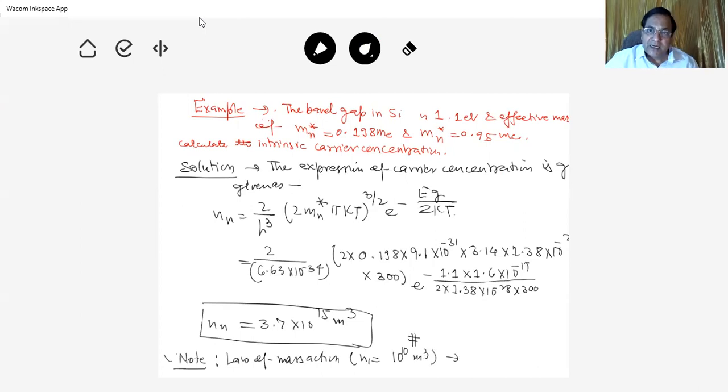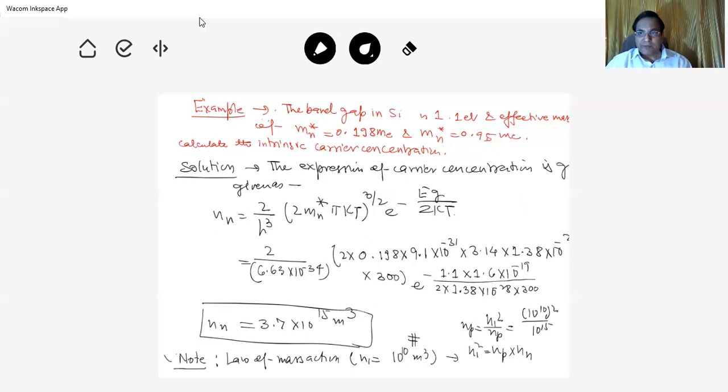So Ni square is equal to Np into Nn. So Np is Ni square upon Nn, that is 10 to the power 10 squared upon 10 to the power 15. So 10 to the power 20 upon 10 to the power 15 gives 10 to the power 5 per meter cube.